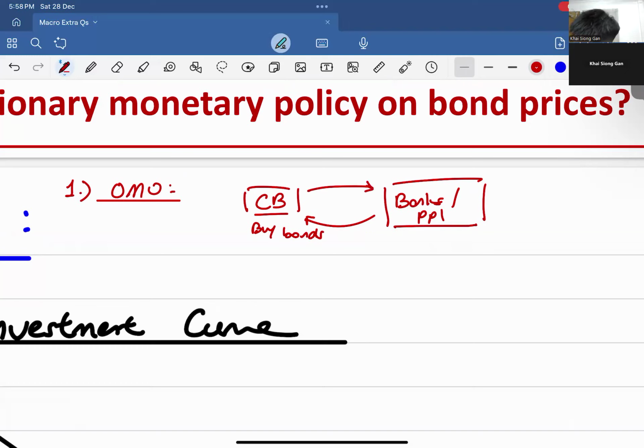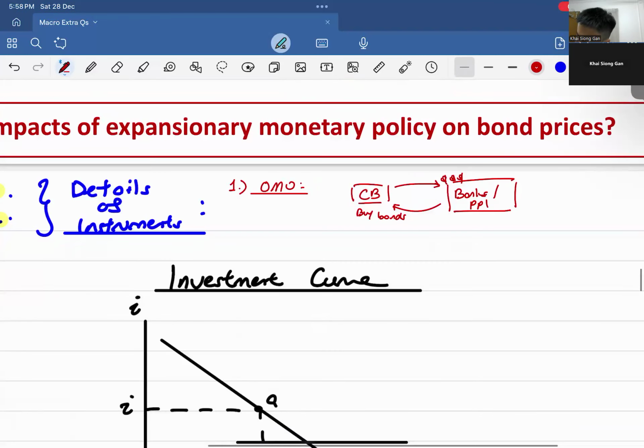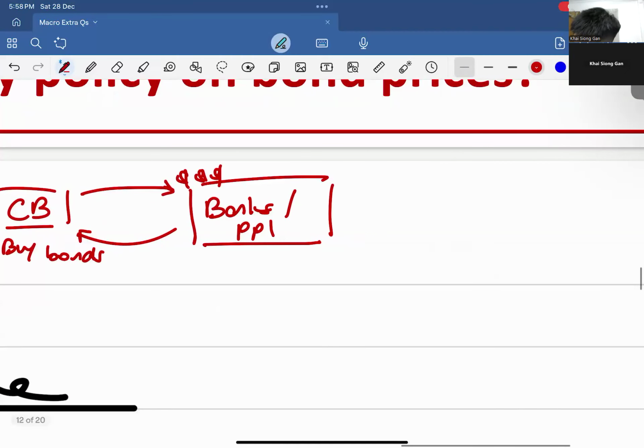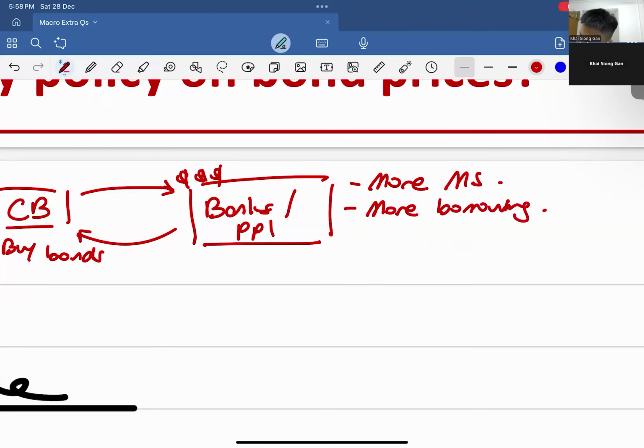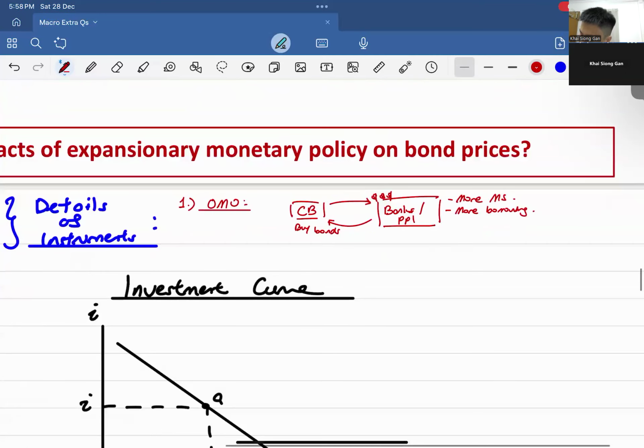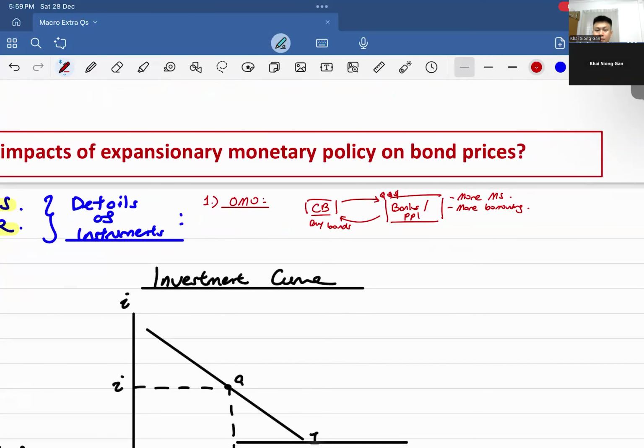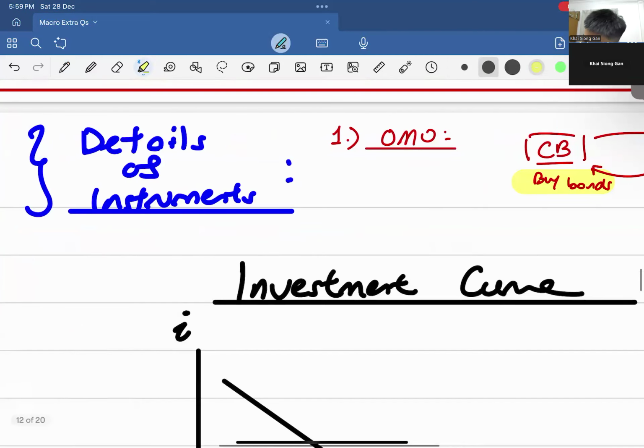Now banks will have money already, so more money supply, more borrowing, more loans to be given out. So that's one way, through the purchase of the bonds by the central bank from the commercial banks. When the central bank buys bonds, they give money, so there is more money supply already.